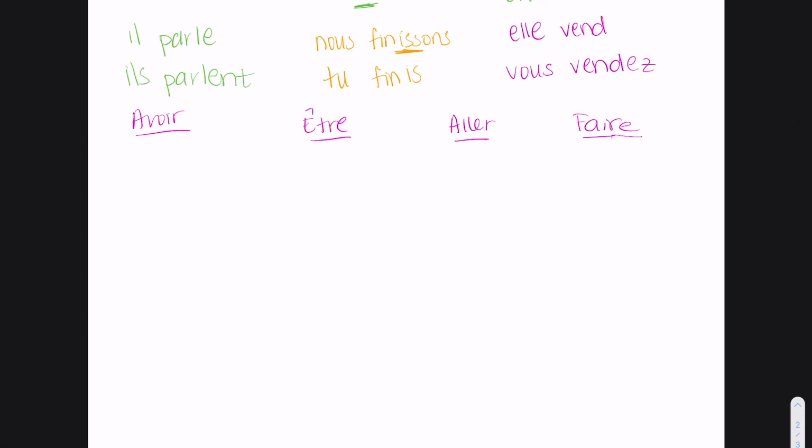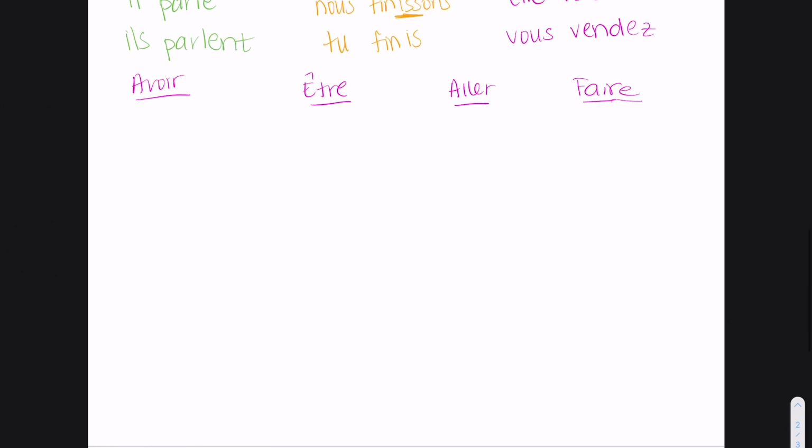So for avoir, again, these are our same endings that we knew for passé composé. So same idea. So j'ai, actually, let's write the subjects down here. Oops. Let's write our subjects down on the side so that's easier as we go across. We have je, or in our case, it's going to be j'ai, but that's okay.